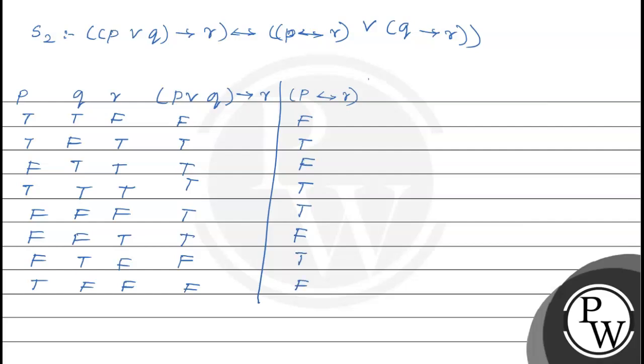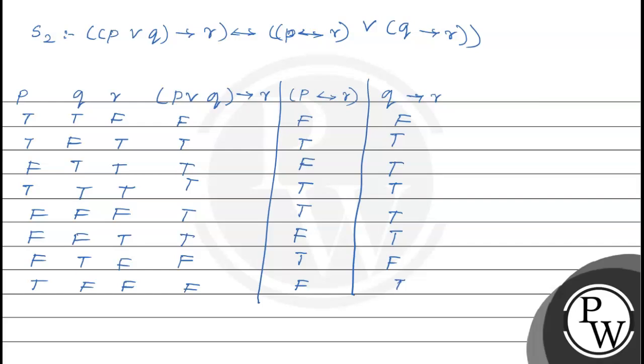Now let's find Q implies R. When we are taking implication, we get the truth value false only when Q is true and the second one is false, which is happening in this case and this case. In all the remaining cases we get true.